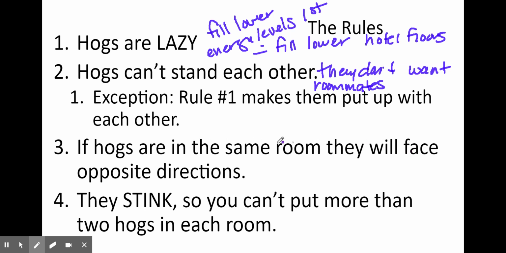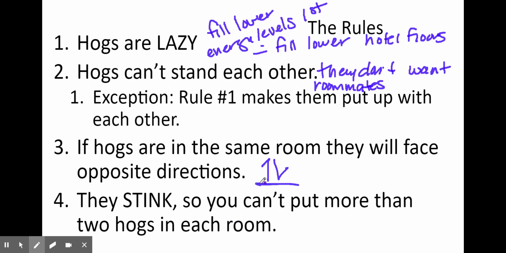If hogs are in the same room, they'll face opposite directions. Okay, if they face opposite directions, one pig will face up, the other pig will face down. They don't want to look at each other. They can't stand each other. The hogs stink, so you can't put more than 2 hogs in each room.